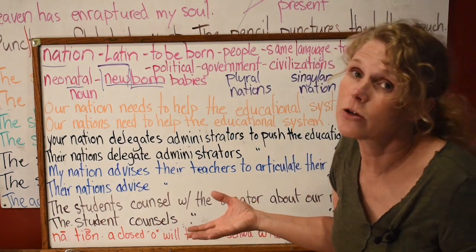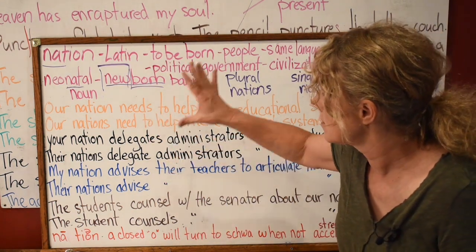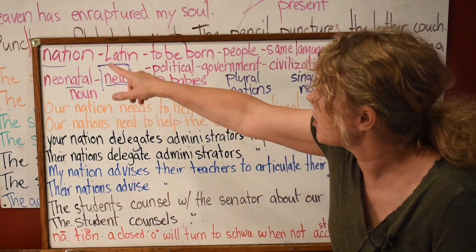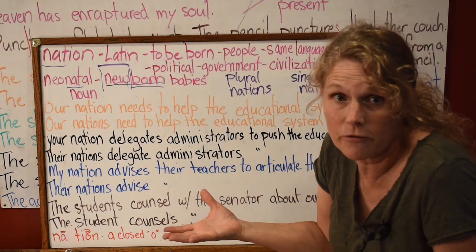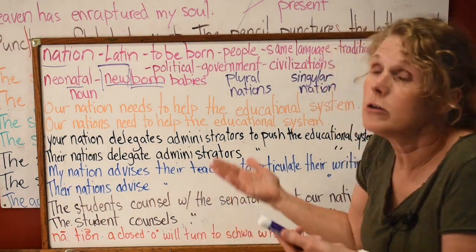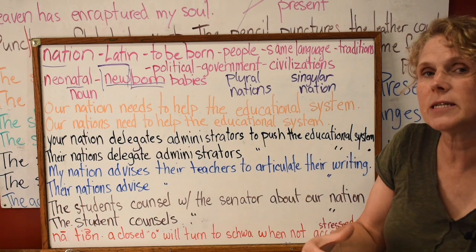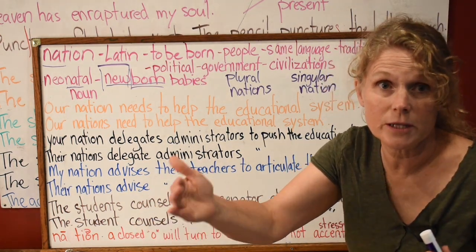I'm sure that somehow you can make it a verb if you tried really hard, but this one actually works as a noun most of the time. Punctured could be a noun or a verb. Enrapture is most of the time a verb, but you could probably make that a noun. So be careful how you write your sentences.